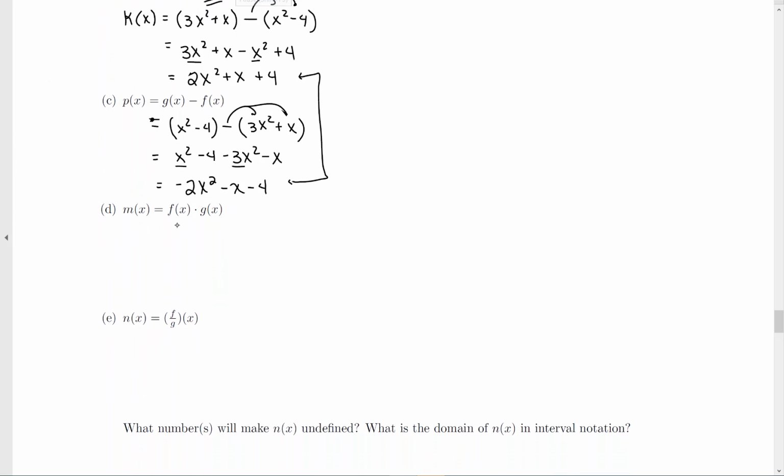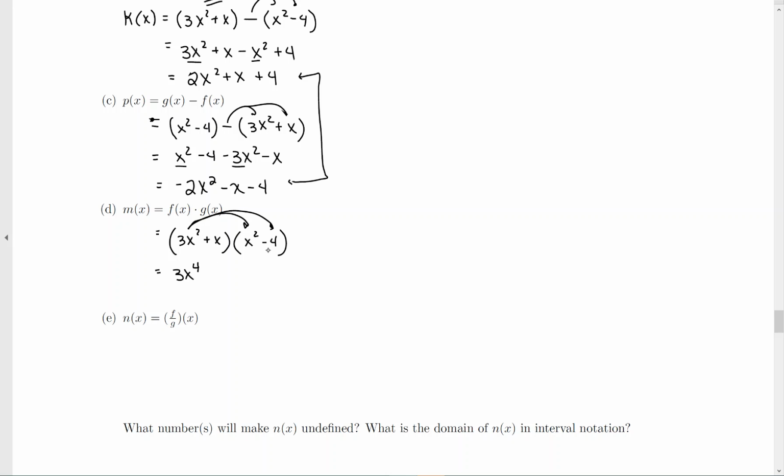For m of x, we're going to multiply f of x times g of x. So again, in parentheses, the f of x, 3x squared plus x, the g of x, x squared minus 4, and here we need to again get rid of parentheses. We're going to FOIL. So first, 3x squared times x squared, 3x to the 4th.